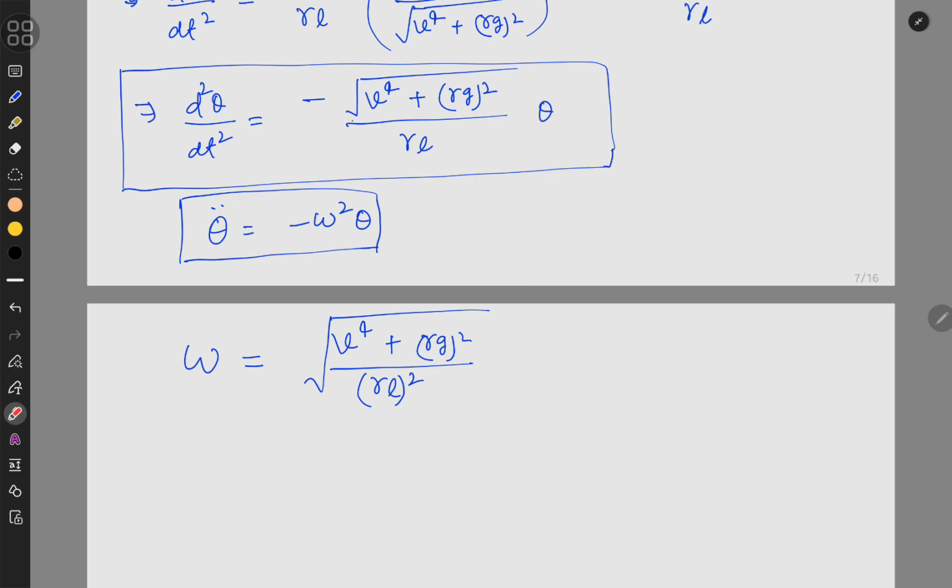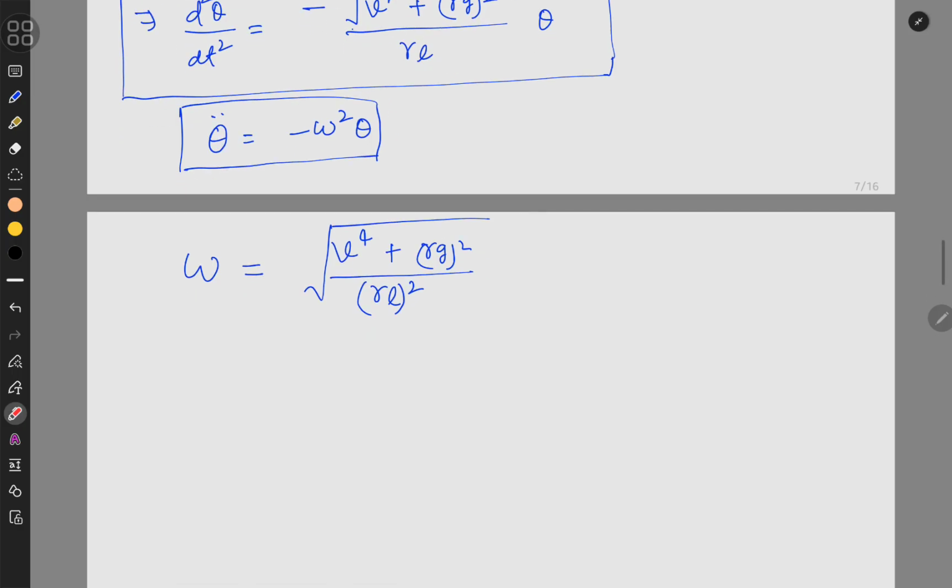Now for the time period, because we have to determine the time period, the time period T is 2 pi divided by omega. So I can write it as 2 pi RL upon the square root of v to the power 4 plus Rg squared.